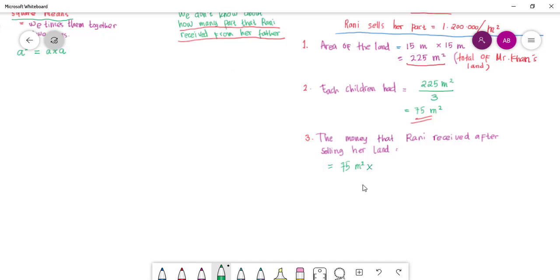Okay, times them together. What is the answer, kids? It is 90 million rupiah. So Rani will get 90 million rupiah if she sells her part of the land. This is also the answer for this problem solving.